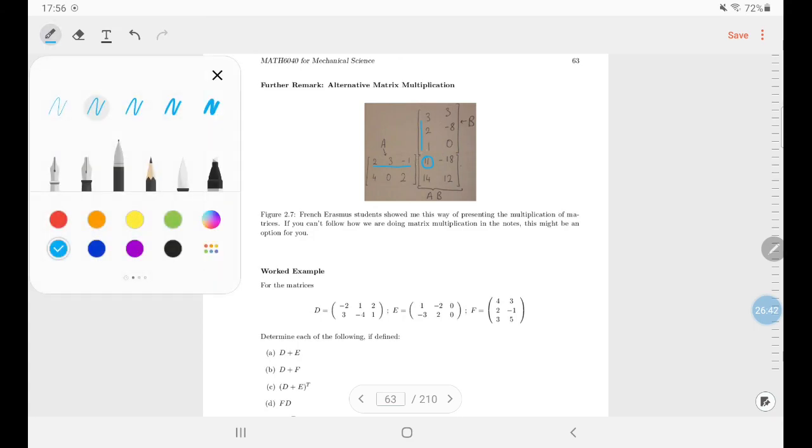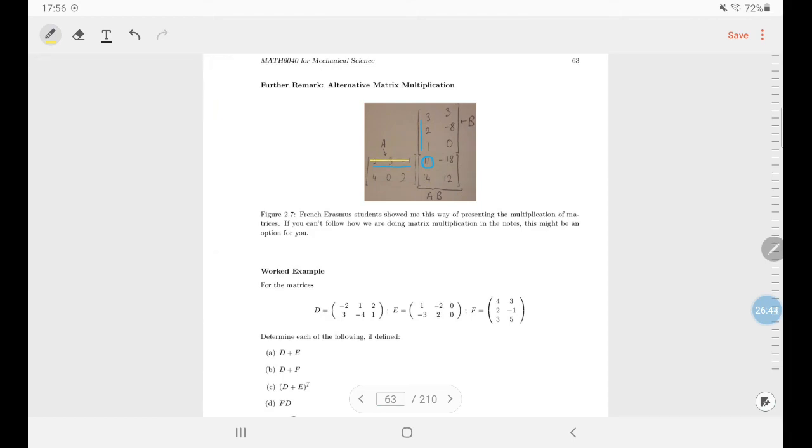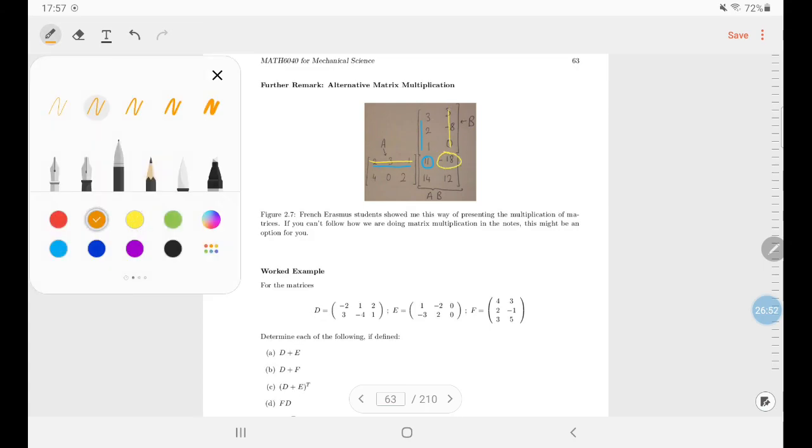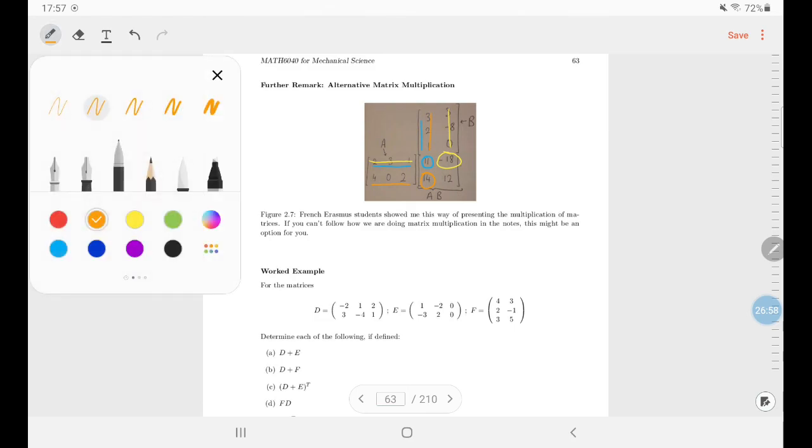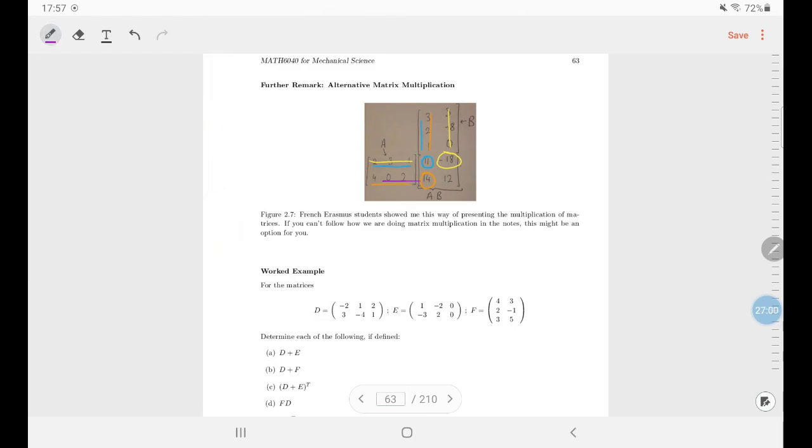I'll just do all the colors. Then the next one is this one by this one gives you this one. Then say the oranges, this one by this one gives you this one, and then one more purple. This one by this one gives you this one. Yeah, okay.